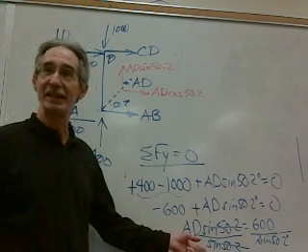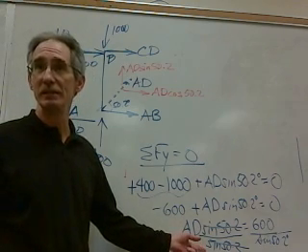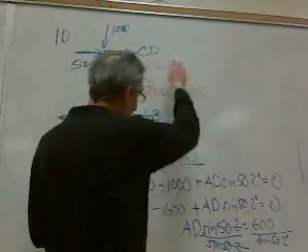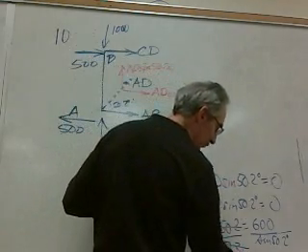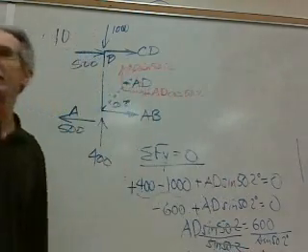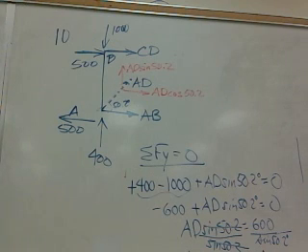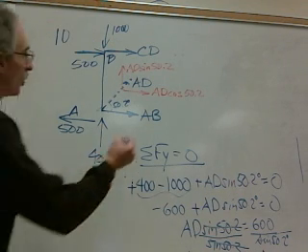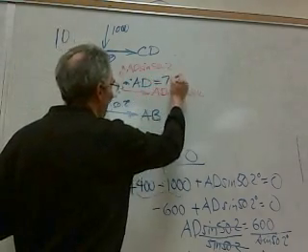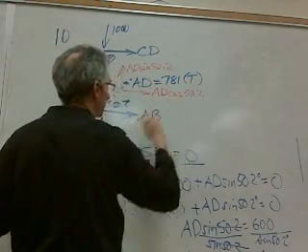Now, it did come out to be a positive, right? That positive means the assumed direction is right, and as we've talked about before, that means tension. So AD is 781 tension.